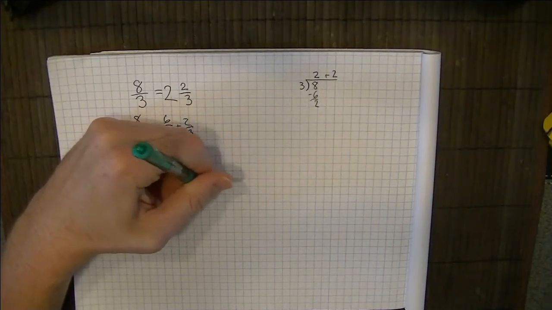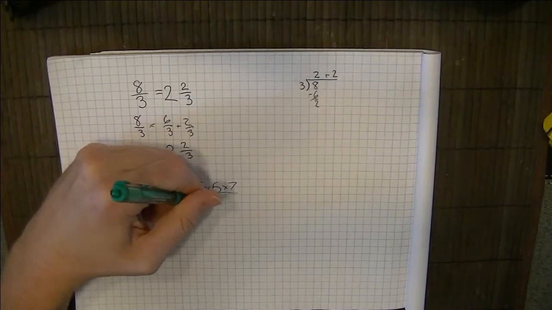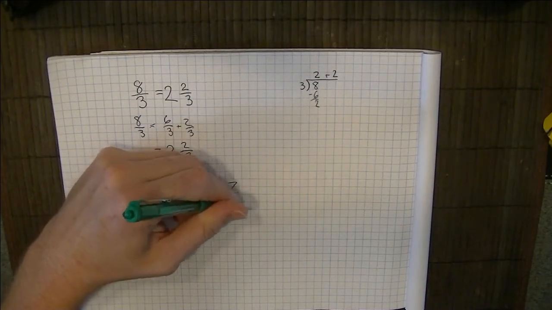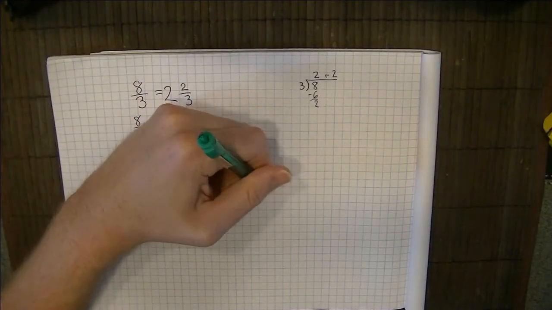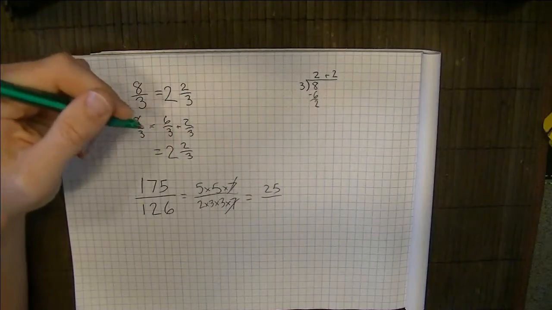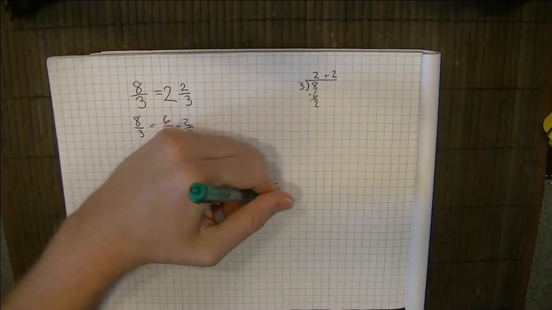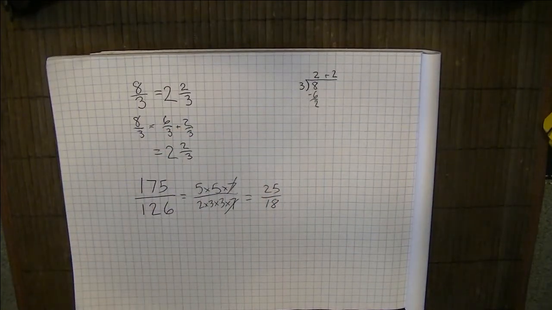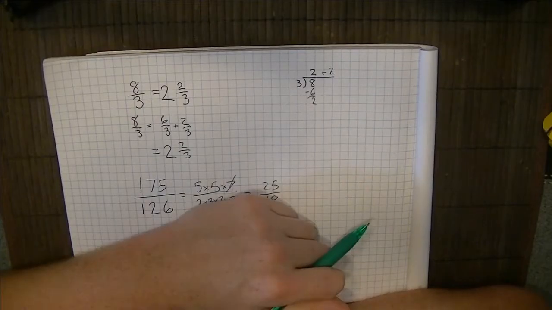This is 5 times 5 times 7 over 2 times 3 times 3 times 7, and so we could just factor out the 7s and get 25 over 2 times 3 is 6 times 3 is 18. So we have 25/18ths, and already our life is easier.